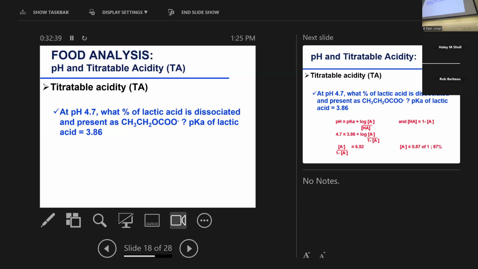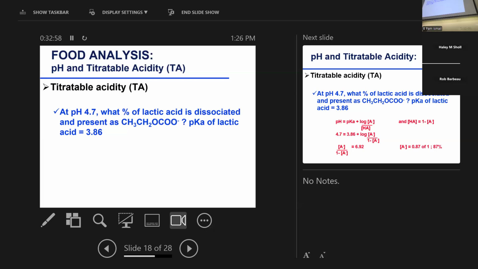So if you do the math and the log, what would be the ratio of A minus over 1 minus A minus? What does your calculator tell you?